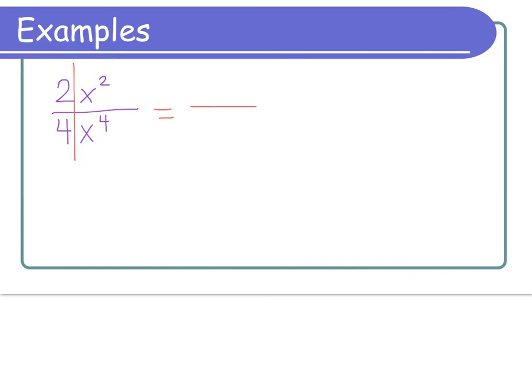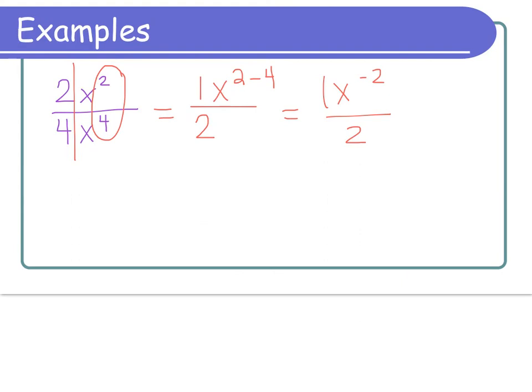That's a fraction that can be simplified by dividing it by 2, so that would create 1/2. We have the quotient rule, so we should subtract powers. X to the 2 minus 4. Always take the numerator one and subtract the denominator one. So we would have 1, x to the negative 2 over 2.